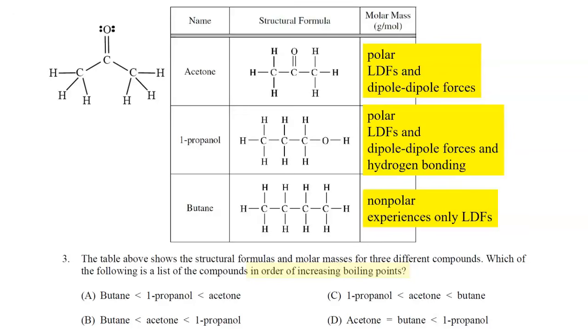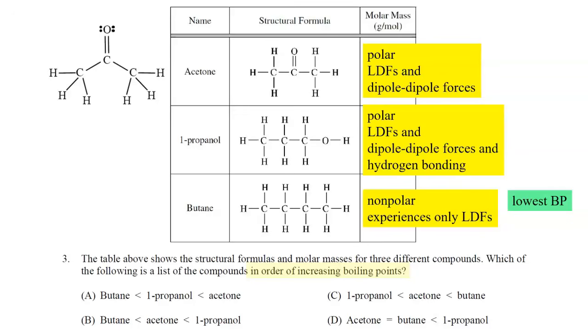So now that we've identified the types of attractive forces for butane, acetone, and propanol, and again, all 3 of these molecules have roughly the same size electron cloud, we can identify the weakest intermolecular attractive forces, which would be the lowest boiling point, and the strongest intermolecular attractive forces for the highest boiling point. So we'll start with butane.